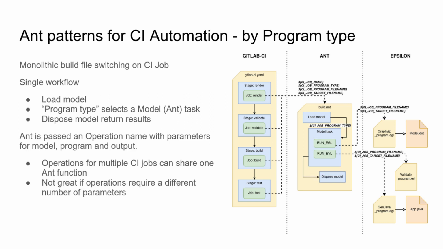A more complicated monolithic build could organize by the program types that were being executed, and a significant number of parameters could be passed in, which would make the Ant build file further complicated, but would generalize it better, such that now it's possible that a single Ant build can be used to execute Epsilon programs. Depending on your comfort with the Ant build XML style, this may be something that is appealing and you may want to use.